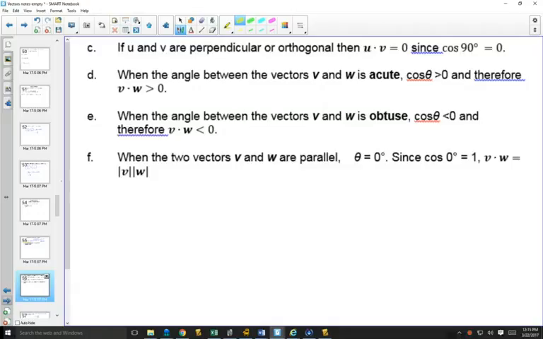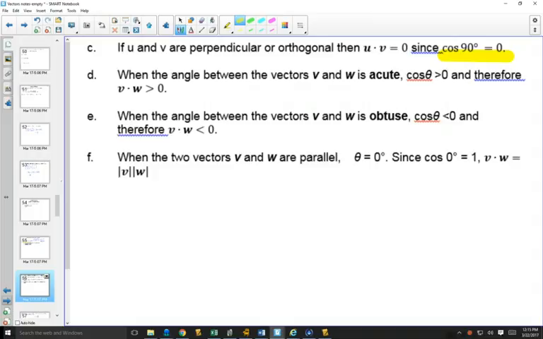So if you know the dot product is the length of u times the length of v times cos of theta, you know that cos of 90 degrees is 0. And so that means if your dot product is 0, you already know that those two vectors are perpendicular to each other.